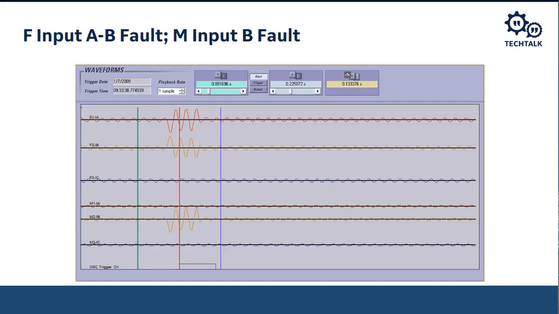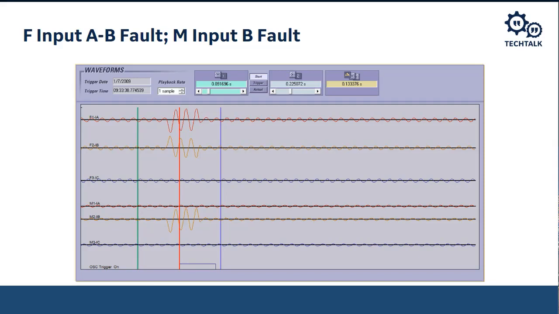If we look at the current that's a little bit larger down towards the bottom, that's the M2. That's the M2 current. Again, it's still in that sort of orangish color, and it is the B phase current on the transformer secondary.